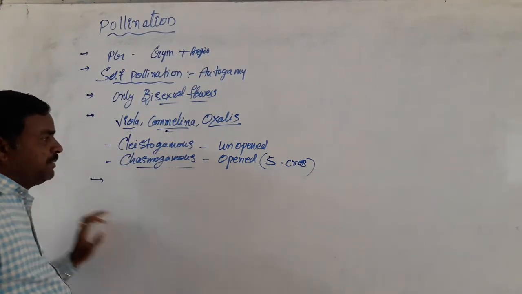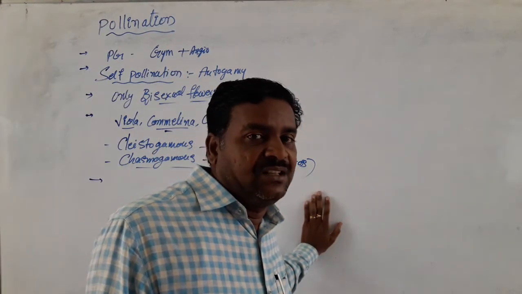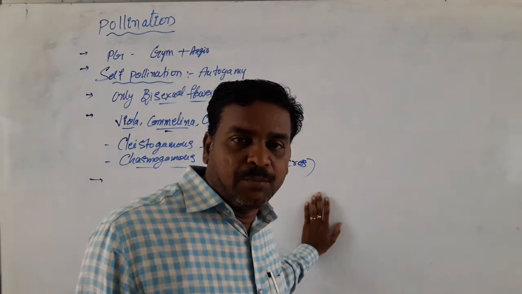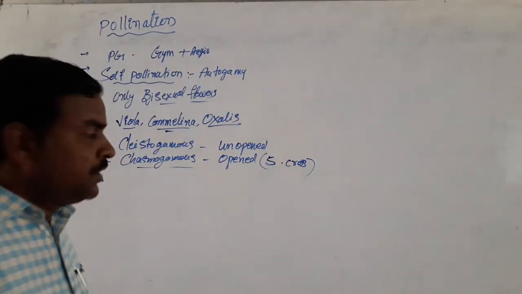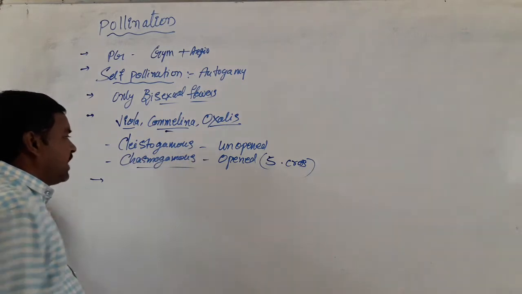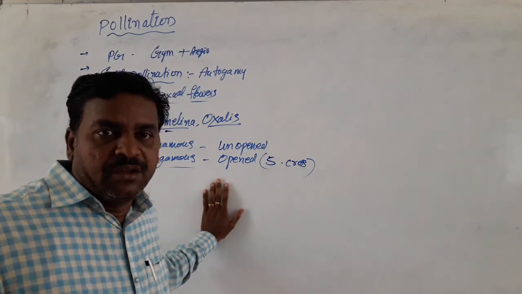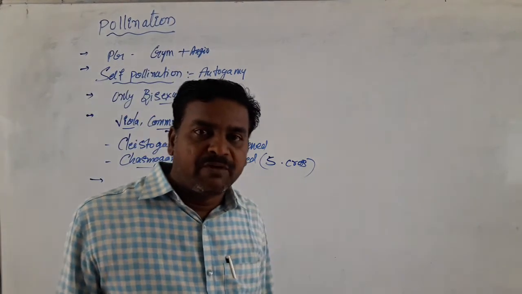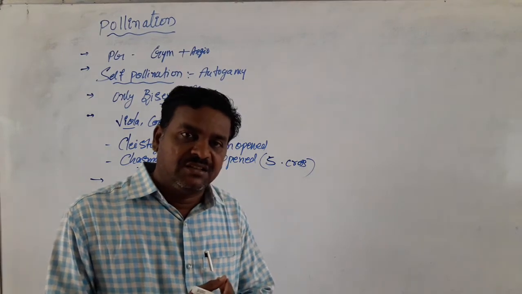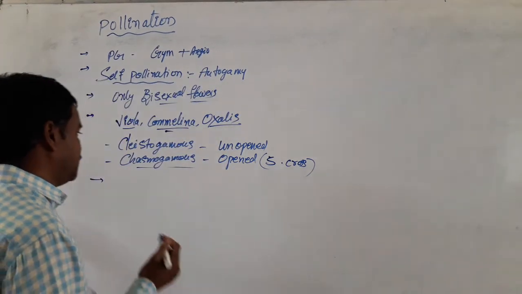This clistogamy provides assured seed set even in the absence of a pollinating agent. Clistogamous flowers provide assurance of seed set even in the absence of a pollinator.